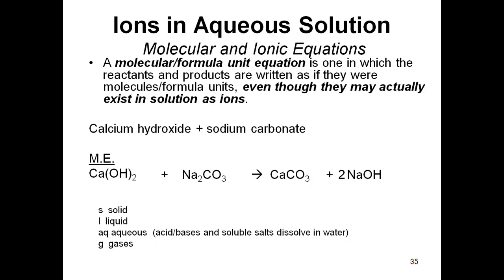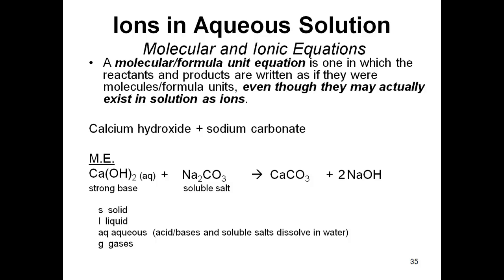Okay. Now we're going to make a decision of which one of these we're going to use behind these substances. Let's look at calcium hydroxide first. What kind of species is calcium hydroxide? That's one of the strong bases. Okay, what happens to a strong base? It's soluble in water. Therefore, we're going to represent that as aqueous. What about sodium carbonate? What kind of substance is that? That's a soluble salt.